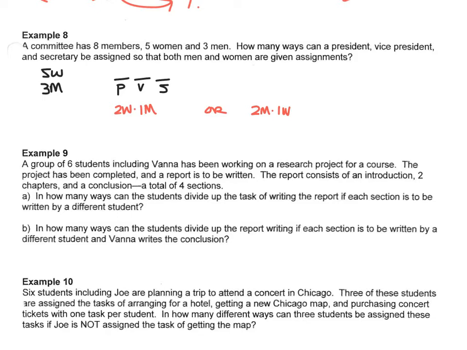There's no representation there for women. So the only thing I would add to this is, since we said or, we're going to add. And then you have to think of this other situation. So we could either have man, man, woman, or we could have, let's go back and change this to be woman, woman, man.